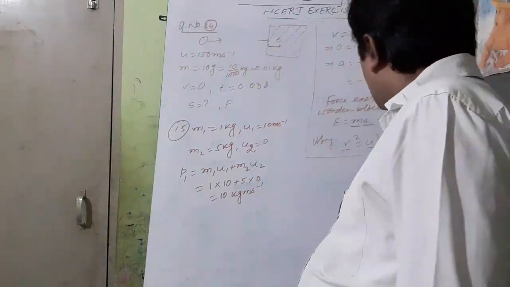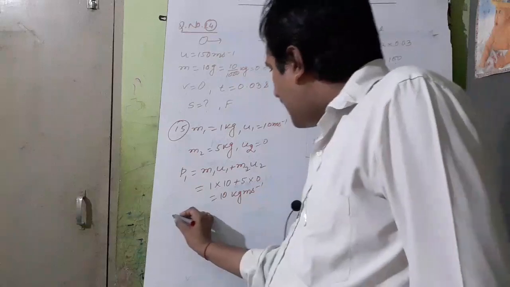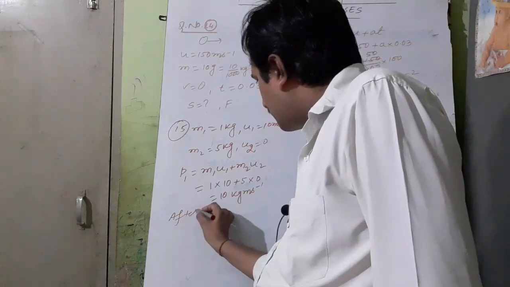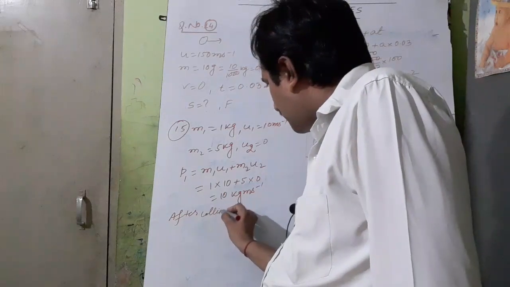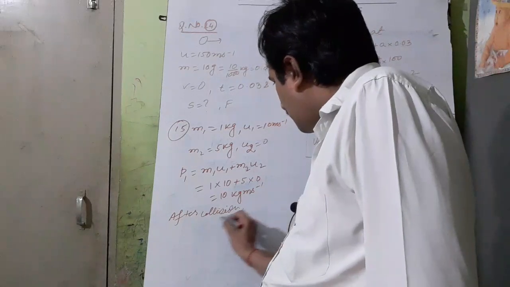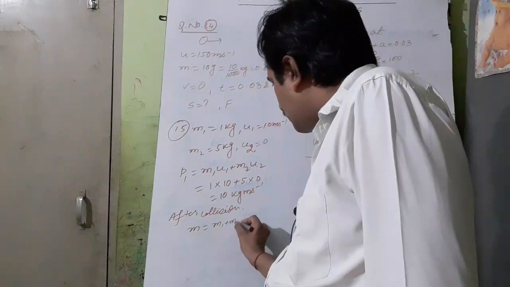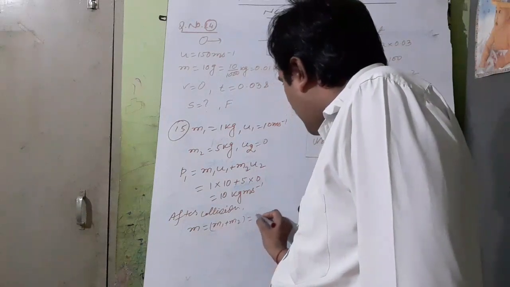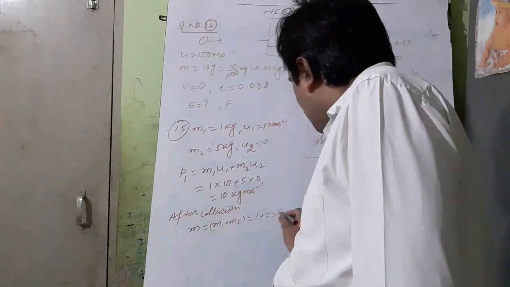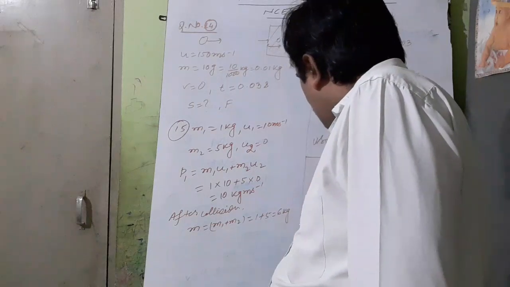Suppose they collide. So after collision, mass is equal to M1 plus M2, which is equal to 1 plus 5, means 6 kg. Got it?